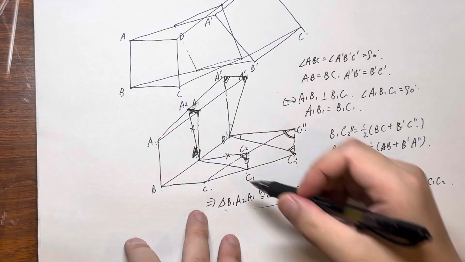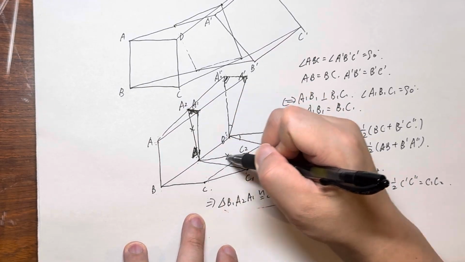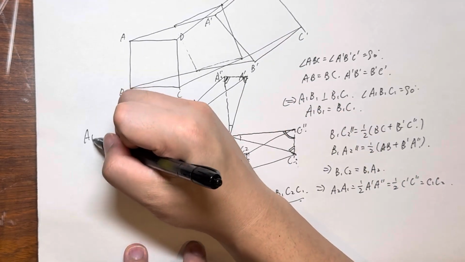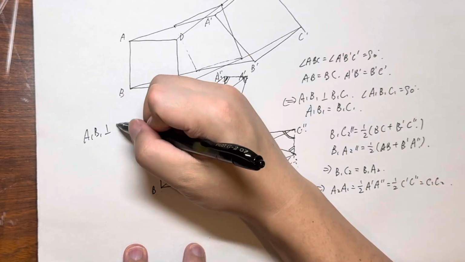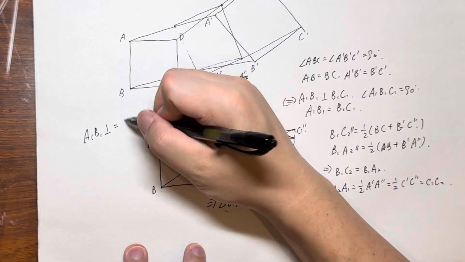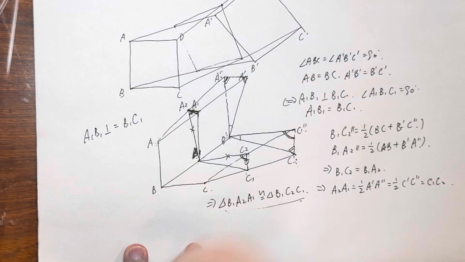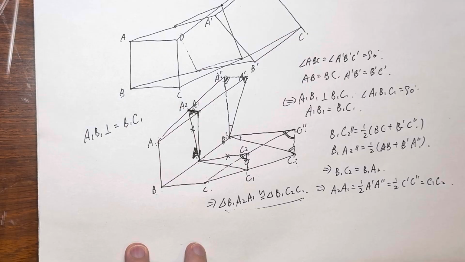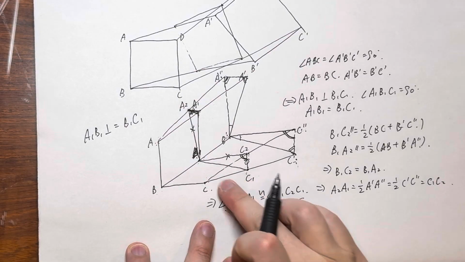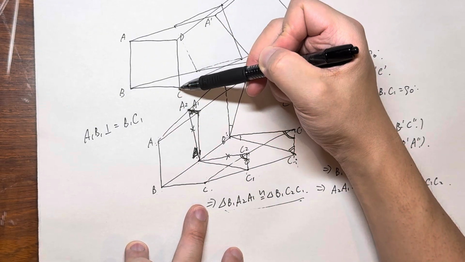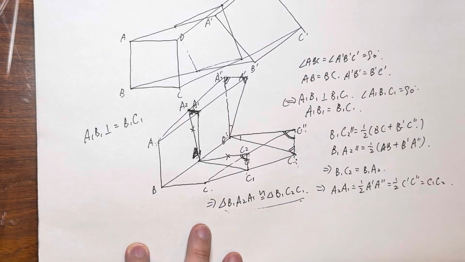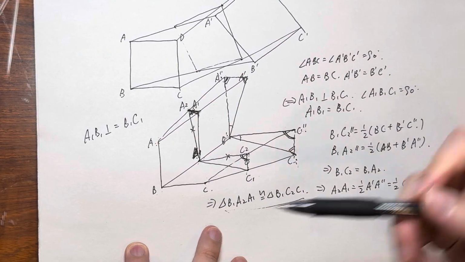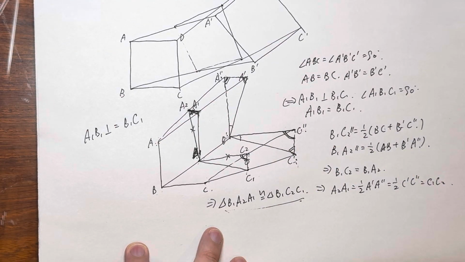So we just proved that A1, B1 is perpendicular and equals to B1, C1, right? And therefore, we proved half of it. And for the other half, it's just repeatedly using this method, then we can easily prove it.